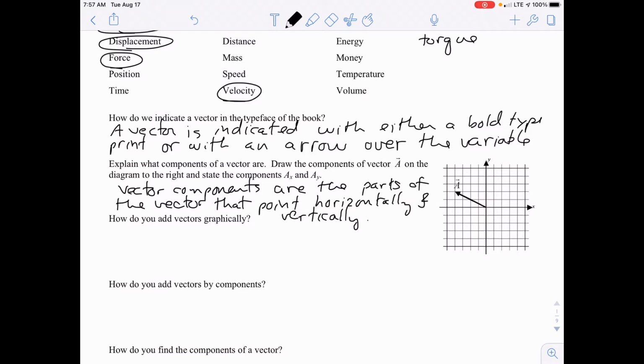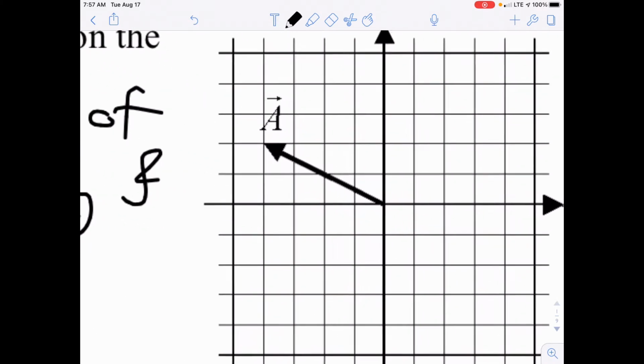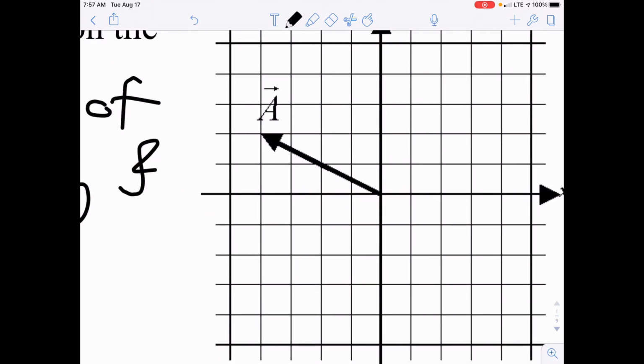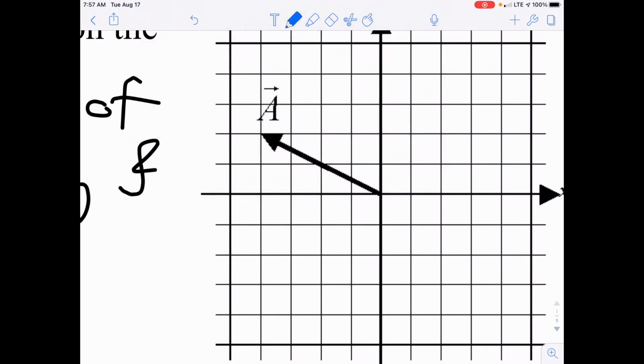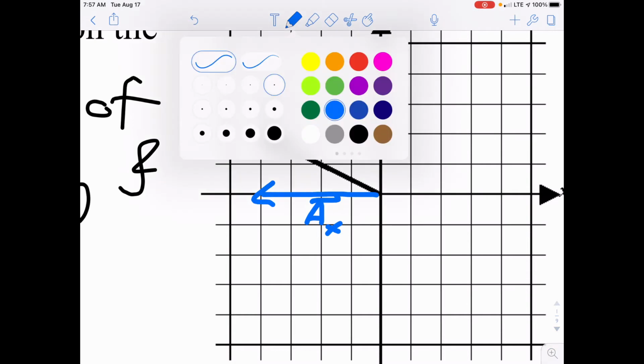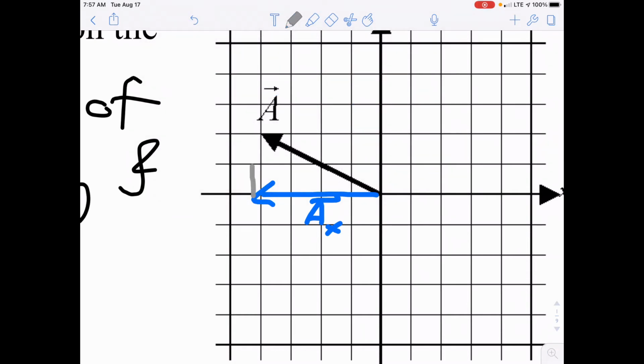Okay, so if we look at vector A, it is pointing up and to the left. So in blue, I'm going to point out what the x component is. If vector A is pointing up and to the left, then part of it is going left, A in the x direction, and part of it is going in the y direction, which I'll put in gray.